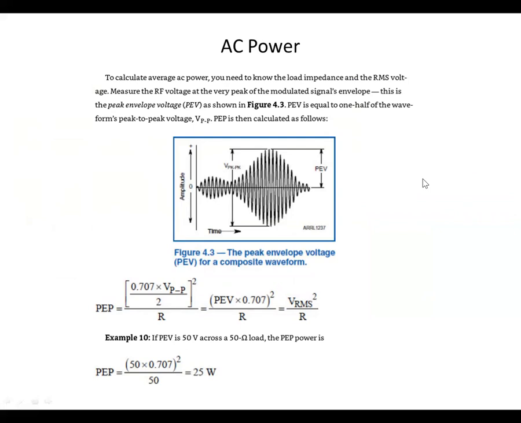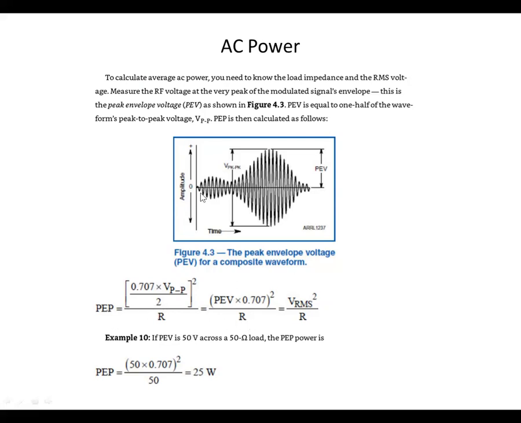So to calculate the average AC power, you need to know the impedance that's driving, and we'll get into impedance a few slides later, and the RMS voltage. And it's just a matter of Ohm's law and the power equations that you calculate this.